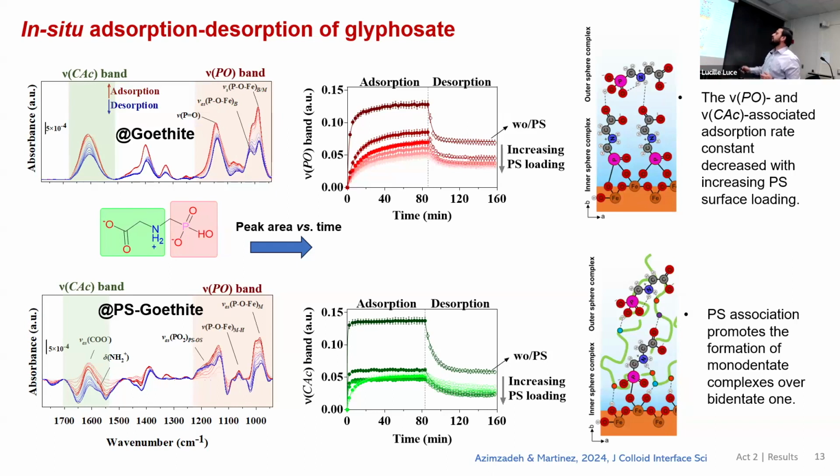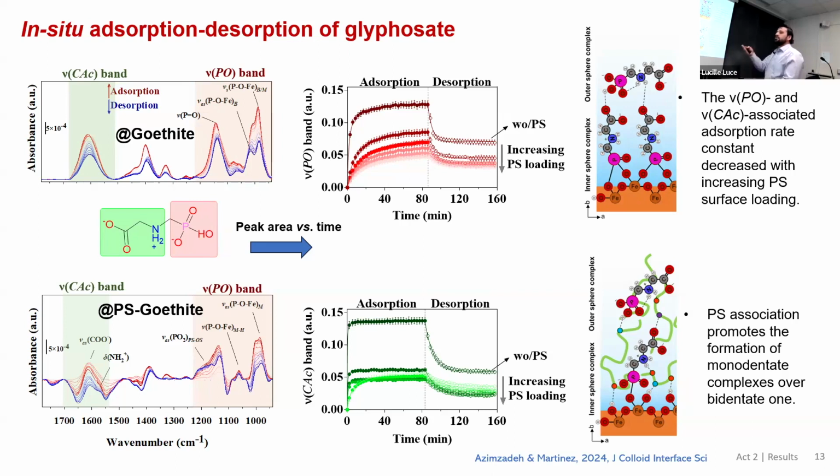The third thing we can find is that this is faster. The carboxylamine functionality is interacting faster, but the phosphonate is not interacting at the same rate. Another thing, with increasing PS loading, I'm loading more polysaccharide, we decrease both functionalities, and that's equivalent to less adsorption.